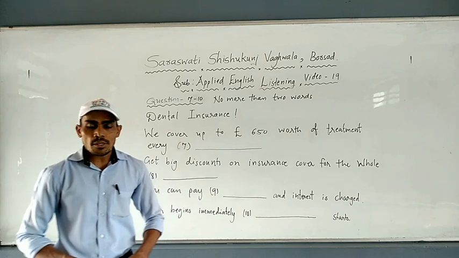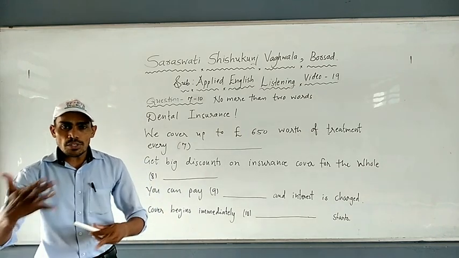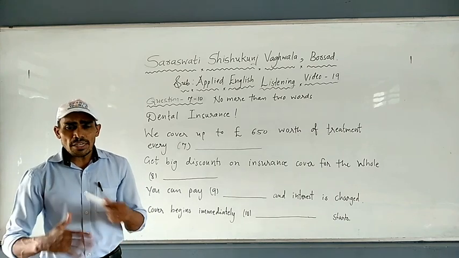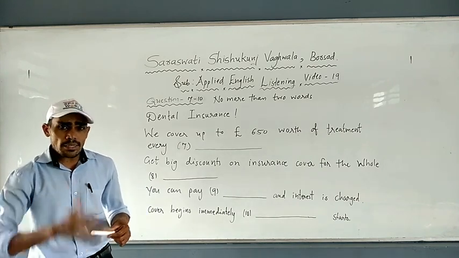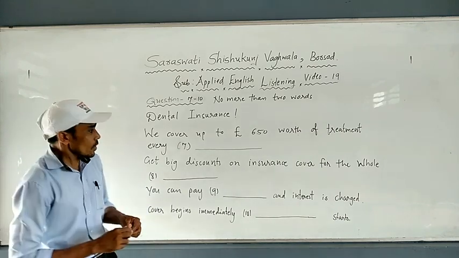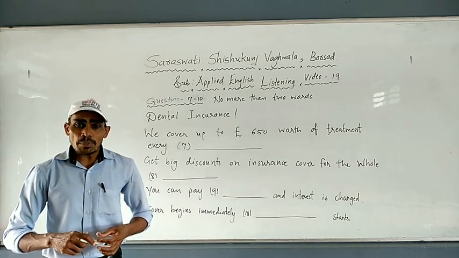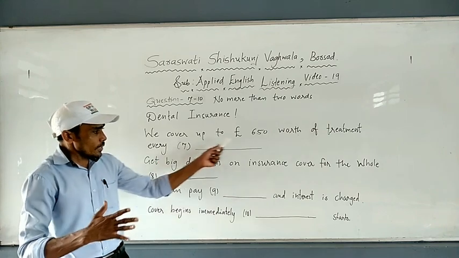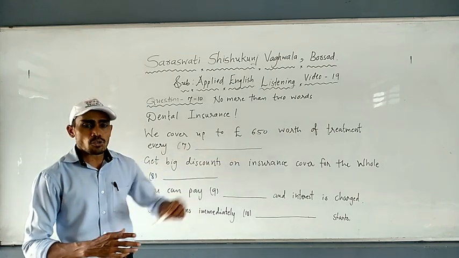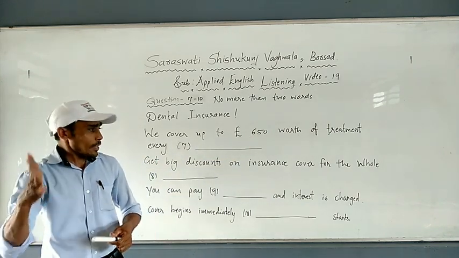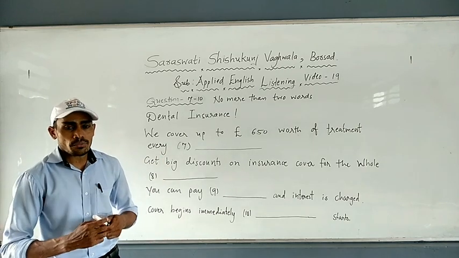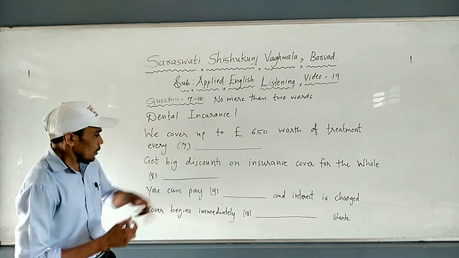When you listen to this part 7 to 10, I always say you need to follow the instruction, no more than 2 words. Now students, when the conversation began, the patient asked, I wonder whether there is any dental insurance, and the receptionist said, okay, yes, there is a company that we work with, and the whole cover is 650 pounds, and the treatment you need to do, that is every year. So here you need to write every year.